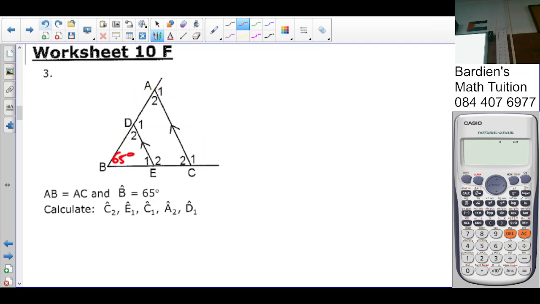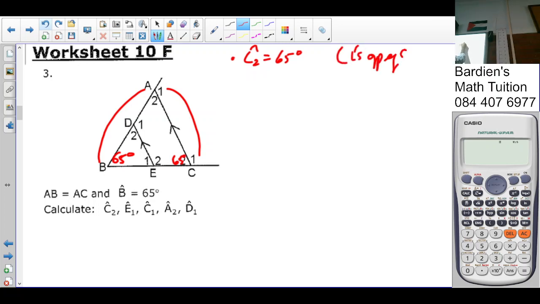The question says calculate C2, E1, C1, A2 and D1. How can you calculate C2? Angles opposite equal sides. So C2 is equal to 65 degrees. How do you calculate E1?